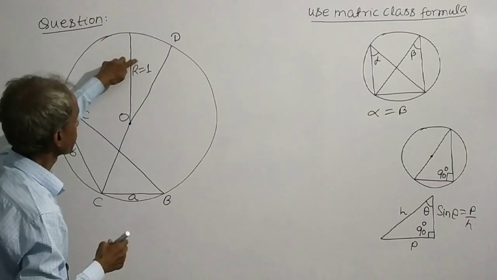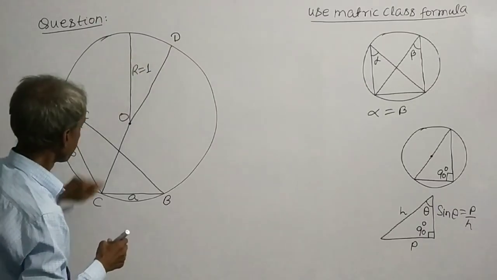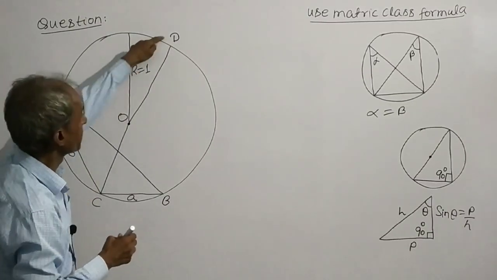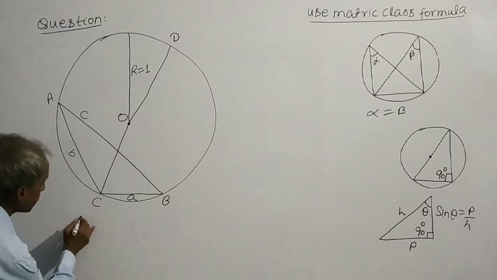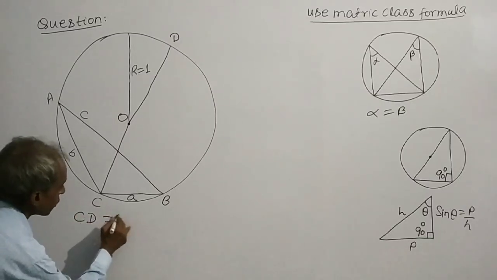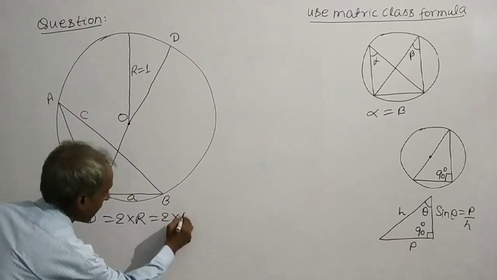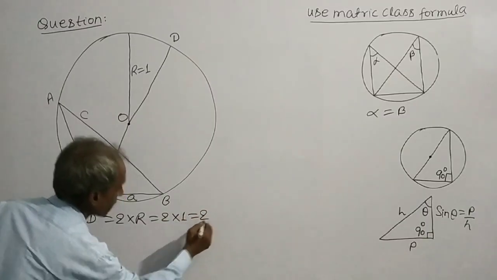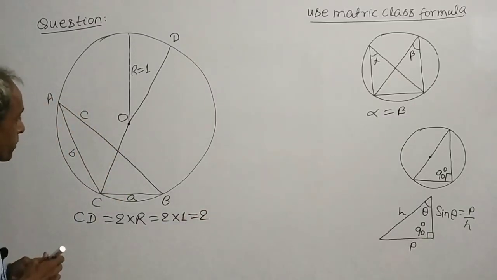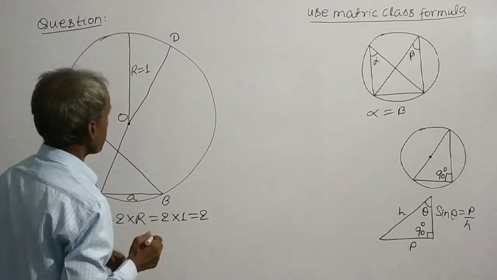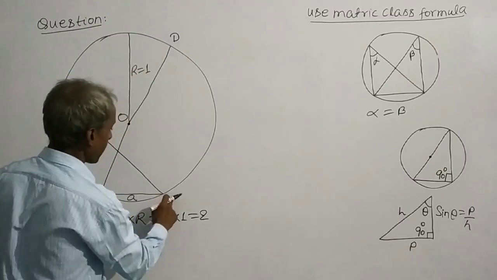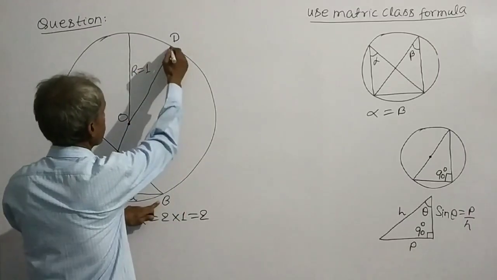Since the radius is 1 unit, CD will be 2 times the radius, that is 2 times 1, which is equal to 2 units. Now we join this point D and this point B.